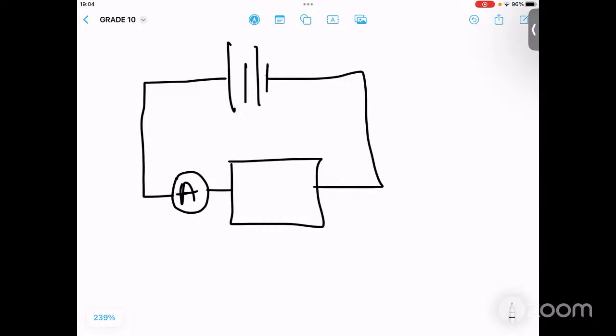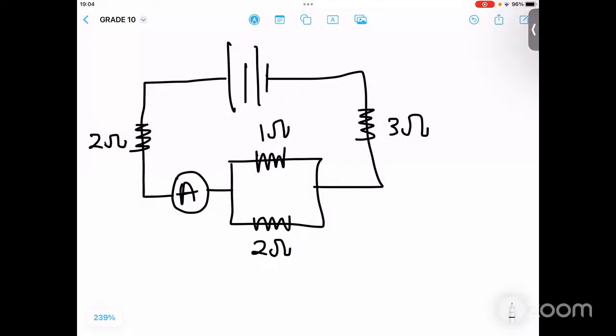Let's keep it simple. Then we'll say we have a resistor there. Say that resistor is 2 ohms. We can still have another one there, which is 3 ohms. We can have another one there, which could be 1 ohm. Maybe another one there being 2 ohms.